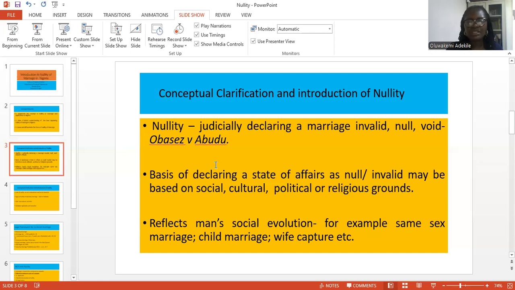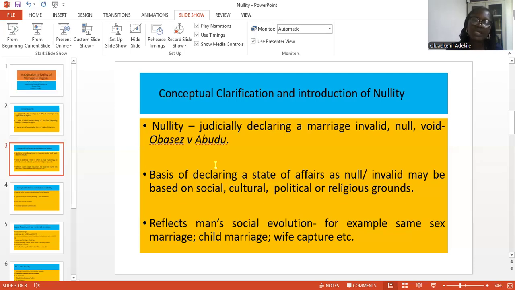And the law of nullity, when you look at every society, when it comes to marriage, they have some rules and regulations that govern a marriage. Where you do not comply with those rules or regulations, there's a tendency to say that the marriage is void.